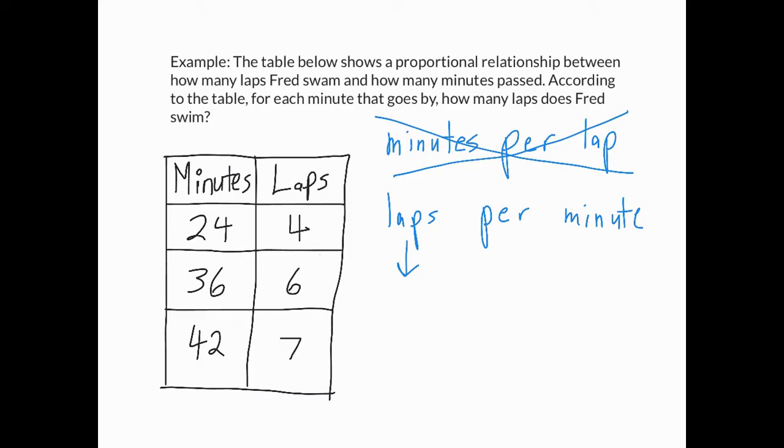Because we know the relationship is proportional, that means the ratios are the same for each row. So no matter which row we choose to take the numbers from and divide them, we'll get the same answer. So you could pick any one. I'll just go ahead and let's choose this one. So 42 minutes, 7 laps.